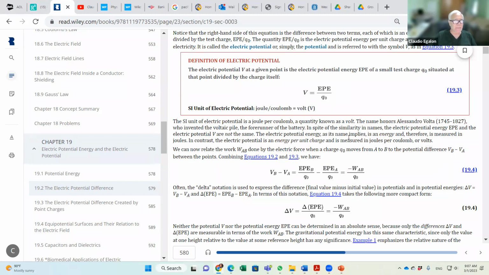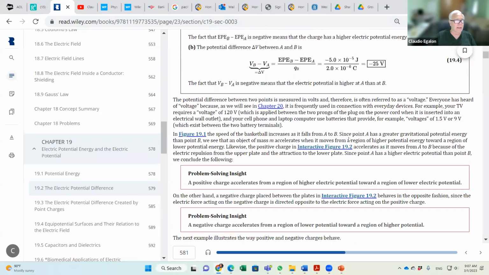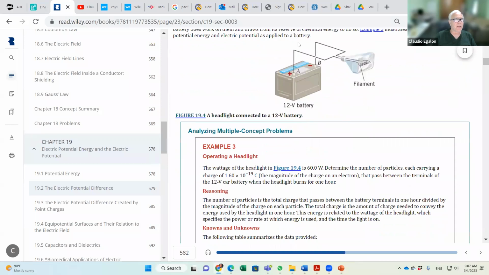The manufacturer usually prints that information on the cell itself. You have the 12-volt battery of your car. 12 volts is the electric potential, and this battery has a given electric potential energy. That's usually printed on the device.